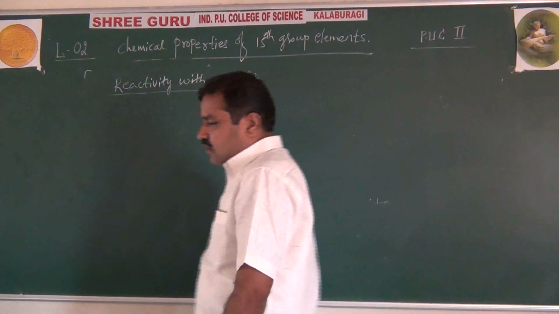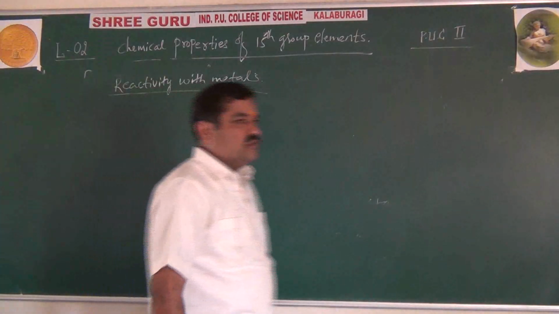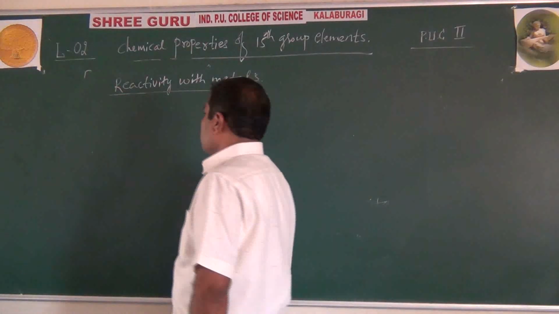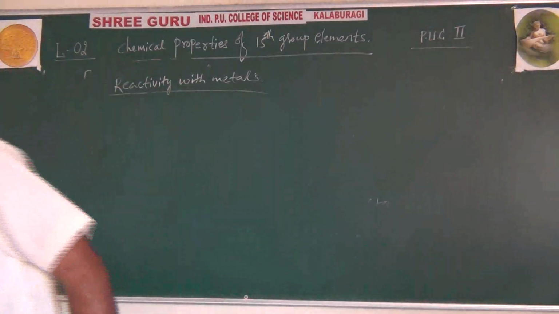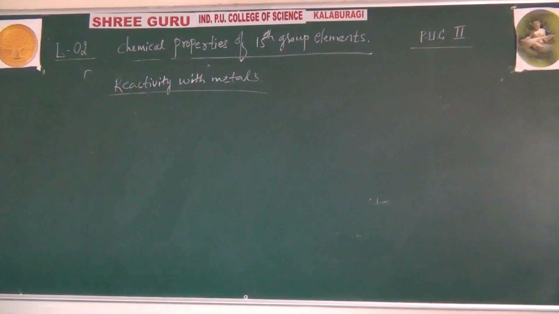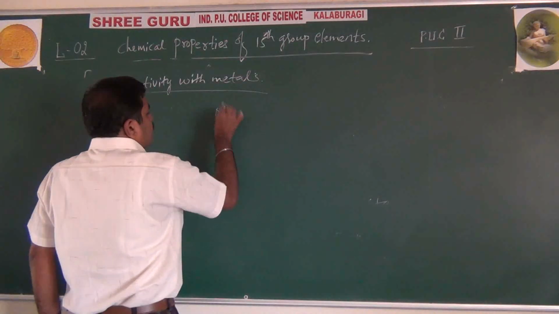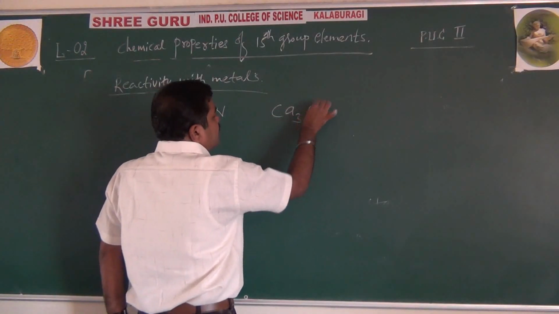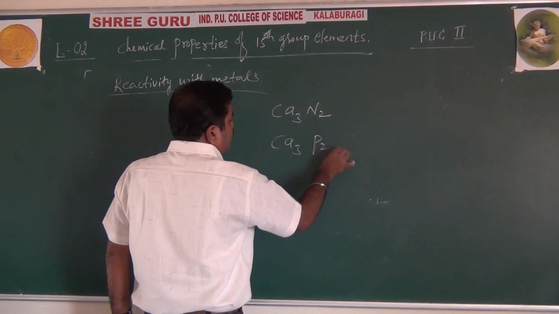For example, nitrogen: when reacting with metals they form the respective compounds. Nitrogen reacts with calcium to form calcium nitride, Ca3N2, and phosphorus forms calcium phosphide, Ca3P2.